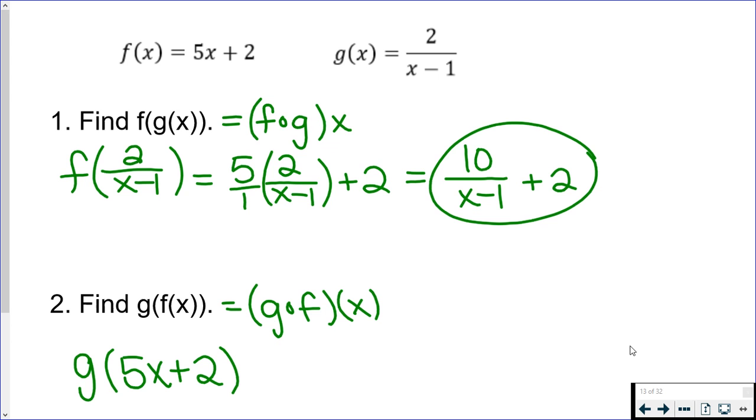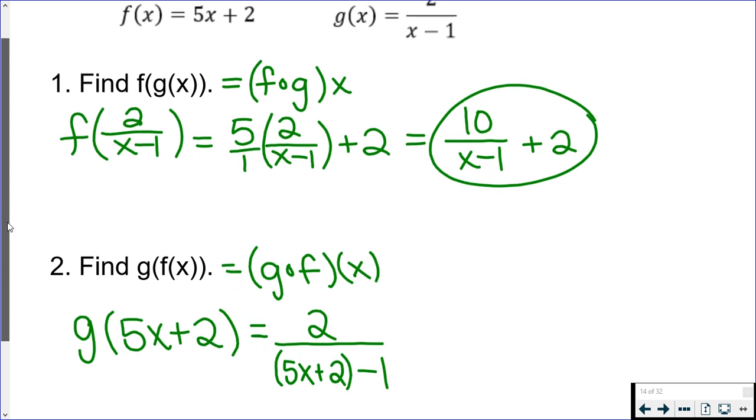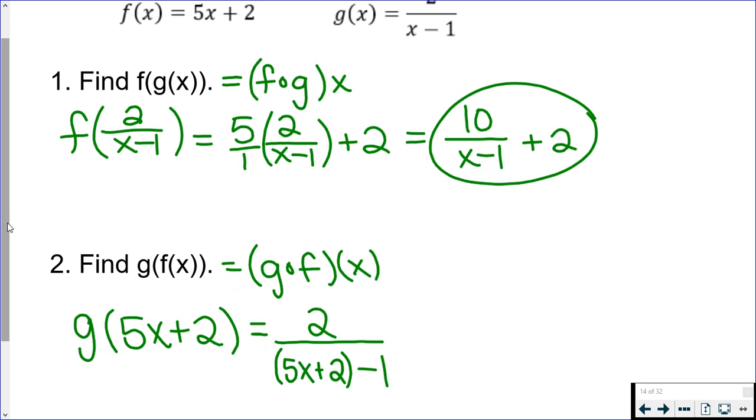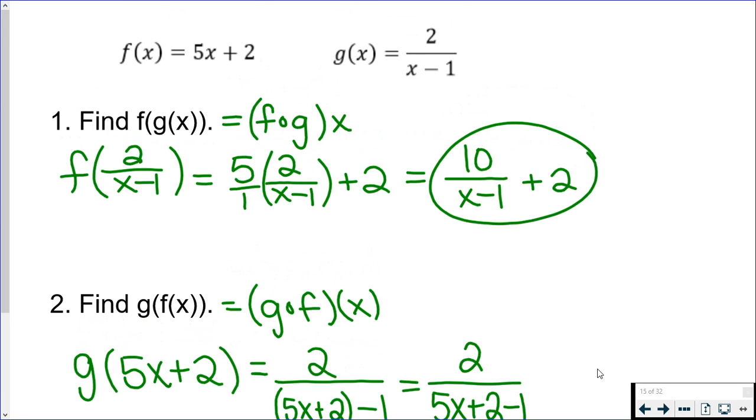So now, instead of 2 over x minus 1, the x in the denominator is becoming 5x plus 2. So the x is replaced with 5x plus 2, and now we just need to simplify as much as possible.